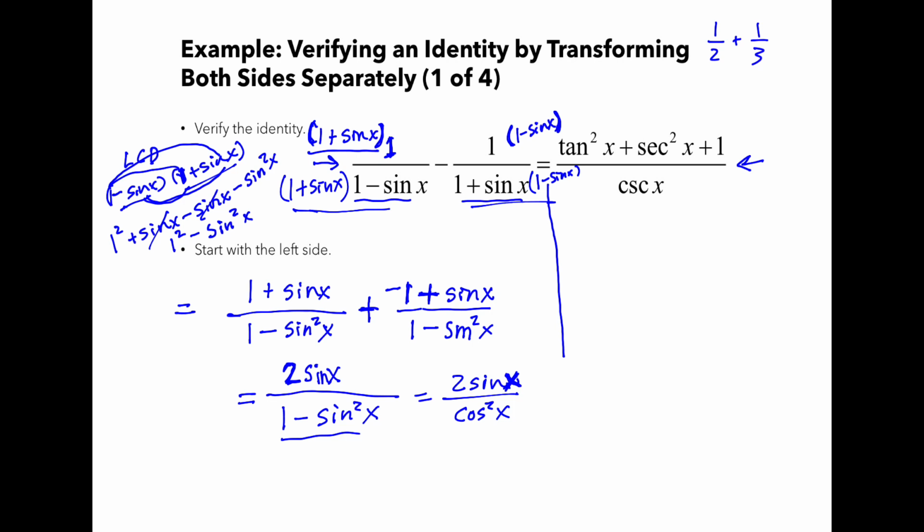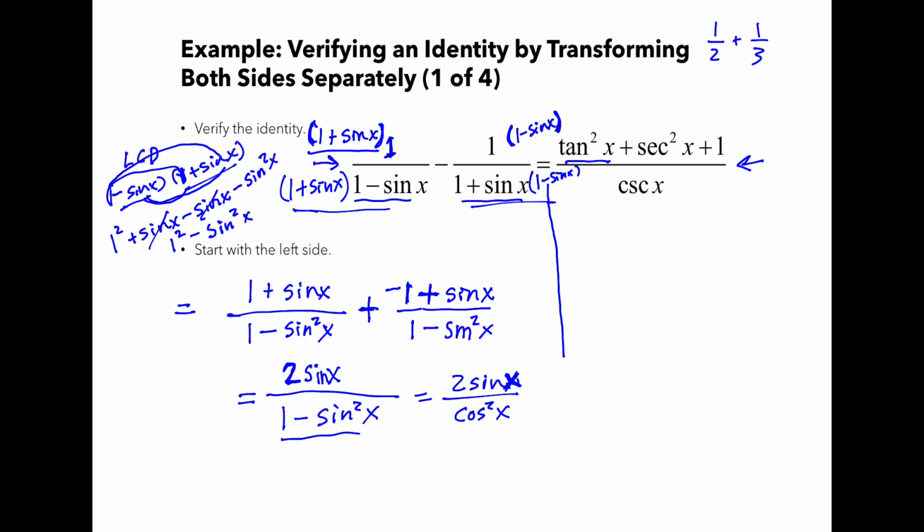So I'm going to take my tan squared x and rewrite it as secant squared x minus 1, is how we subtracted that 1 to the other side.